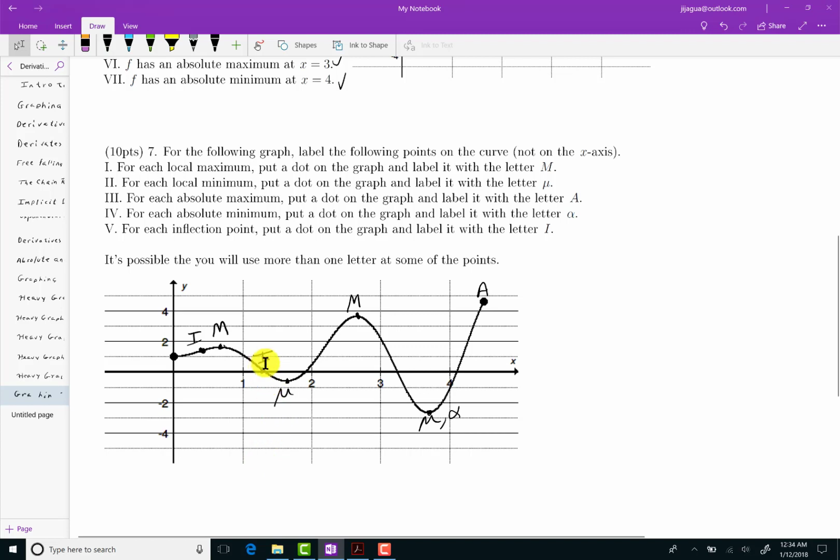Then we're concave up, but then right around here, it kind of looks like it's going to go concave down. And then we're concave down, concave down. And here's another one that feels like it happens right about on the x-axis itself. I'll go ahead and put my I there.